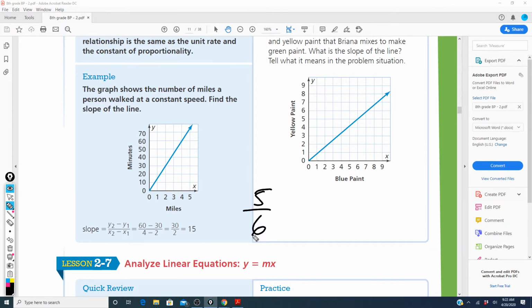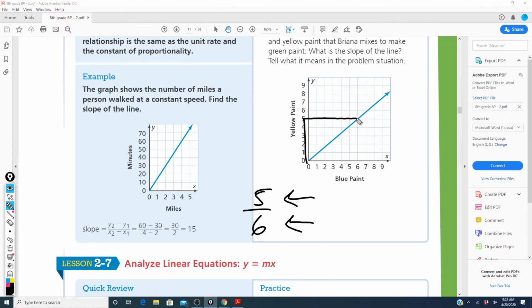That's saying for every 5 gallons of yellow paint, Brianna's going to need 6 gallons of blue paint. So for every 5 gallons of yellow, she's going to need 6 gallons of blue.